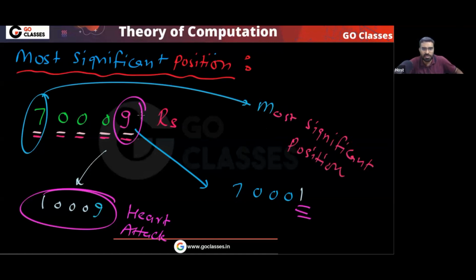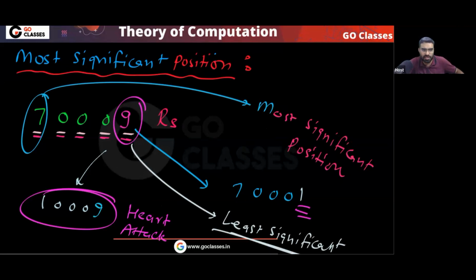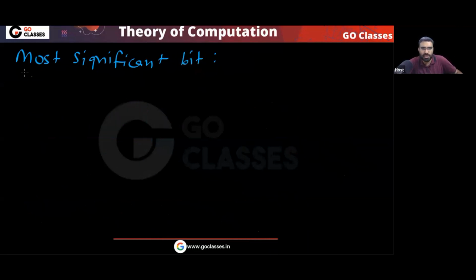And remember, this position is the least significant position. Is this clear? Will you ever forget what is the most significant position and what is the least significant position? So you can easily notice what the most significant bit is. That is MSB, most significant bit.